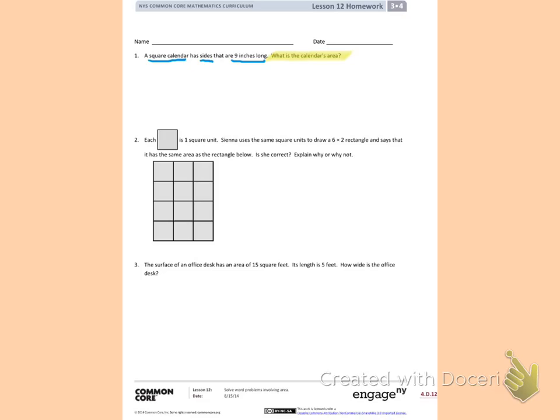All right, square calendar. If I'm going to draw a square calendar, I need to remember that the word square means each side of the calendar is the same length.